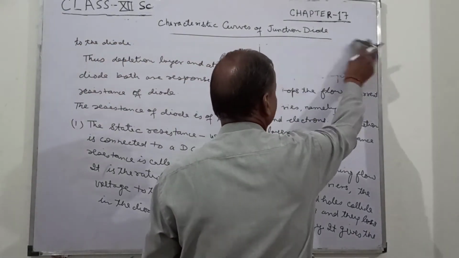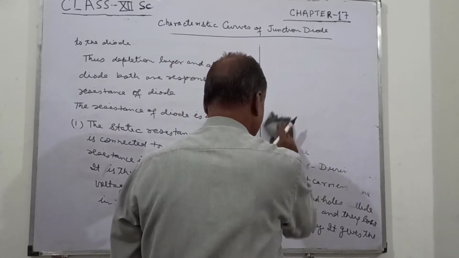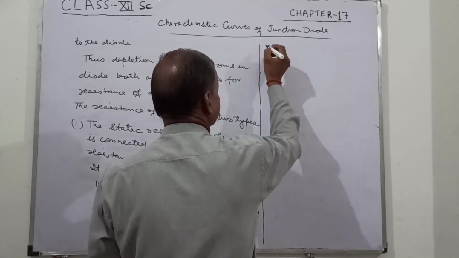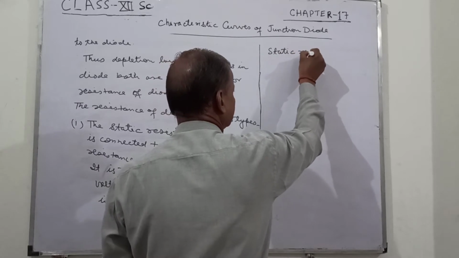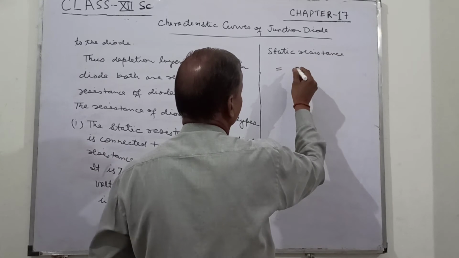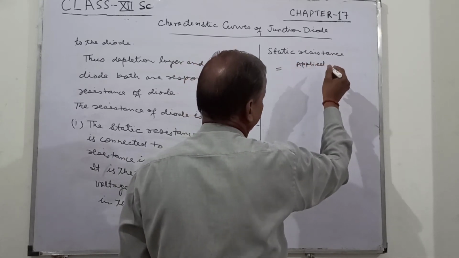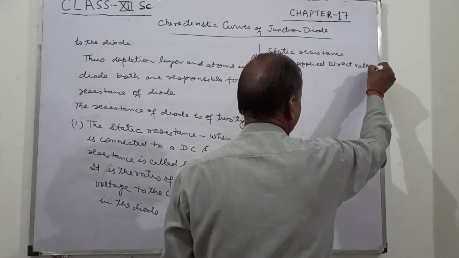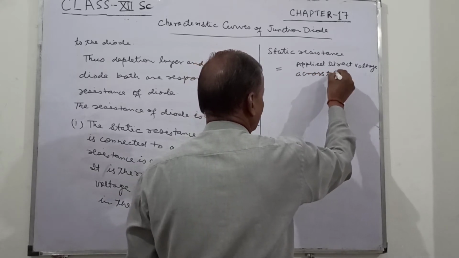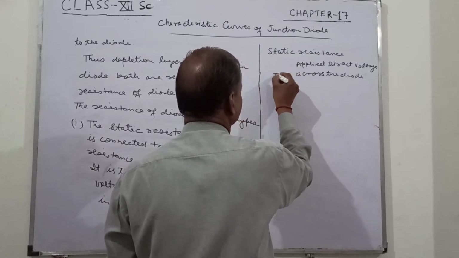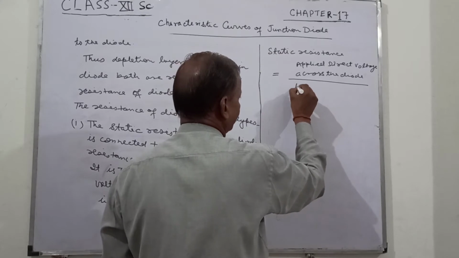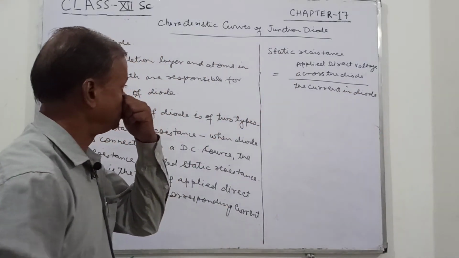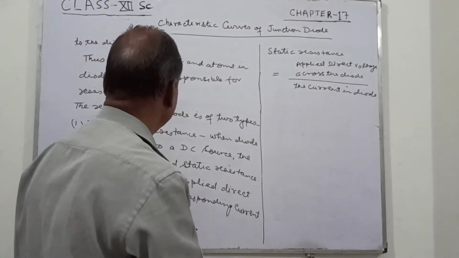So this static resistance is equal to applied direct voltage across the diode divided by the current in diode. This is the static resistance.